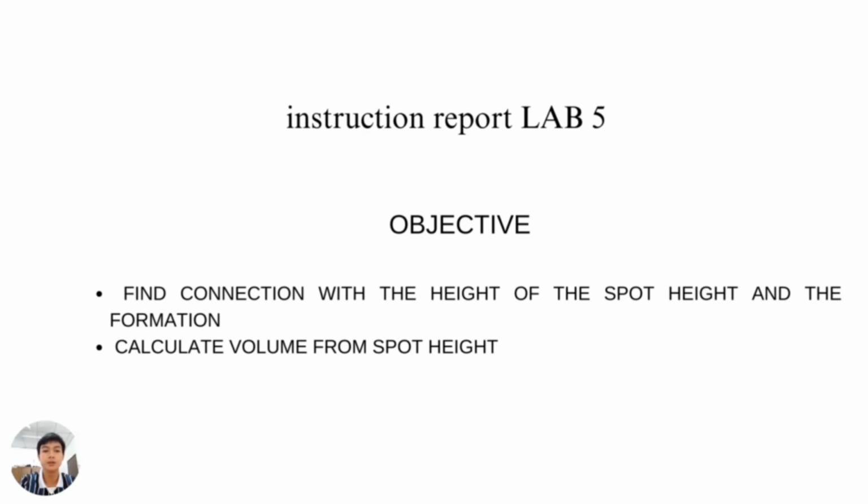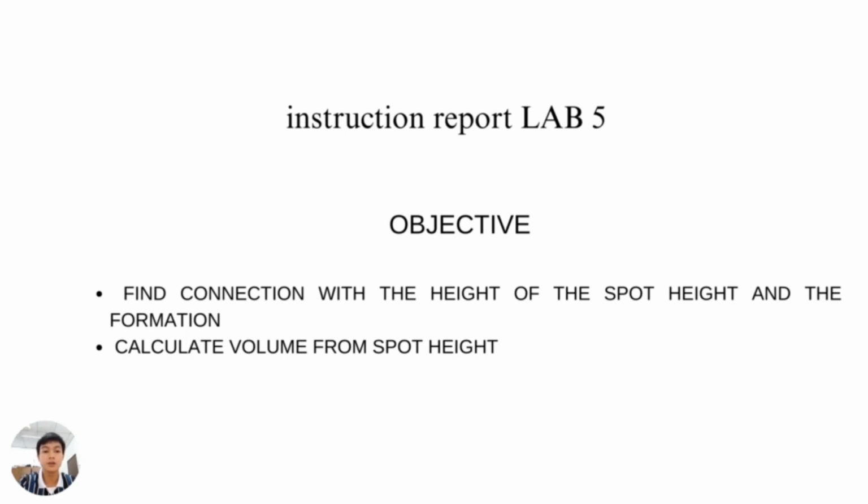Hello, my name is Chan. Matrix number AP210484. I will continue with our lab report 5. The task is we use the data from our lab report 4 task 2 to proceed with the calculation in this report.